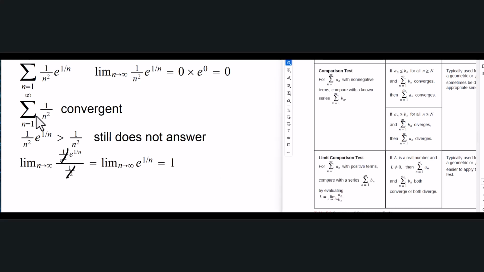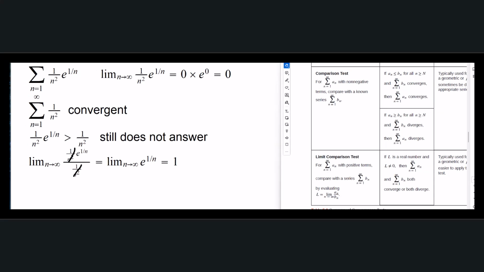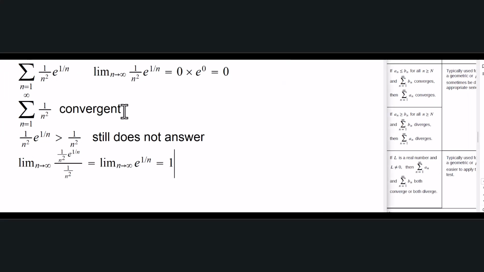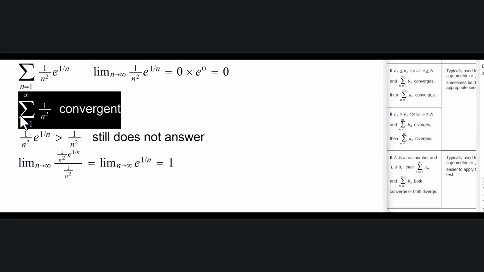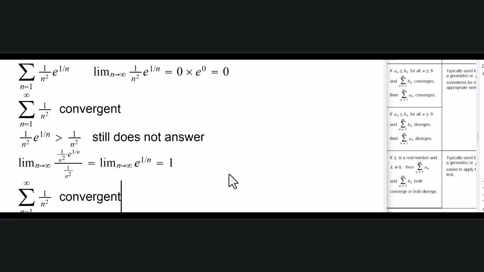So the convergence of this series implies the convergence of the series we are testing, by the limit comparison test. Let me erase these here. All right, we just concluded that because of the limit comparison test, the convergence of this series implies that this series is convergent as well. So convergent.